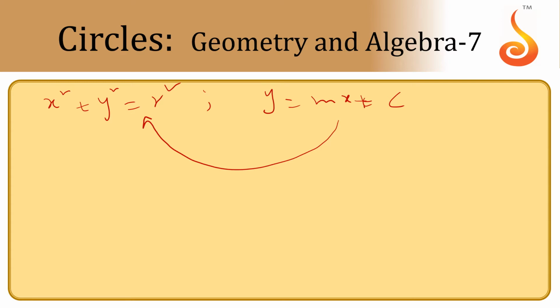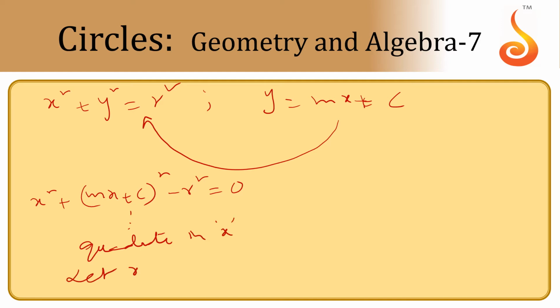So if you remember, by putting x square plus mx plus c whole square minus r square equal to 0, you will develop a quadratic in x. Let x1 and x2 be the roots of this quadratic equation.